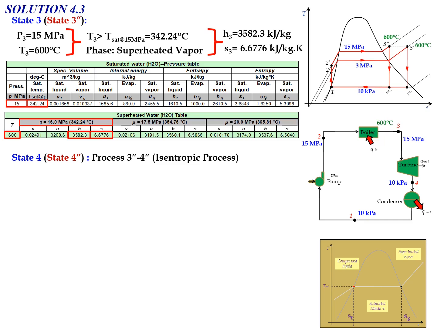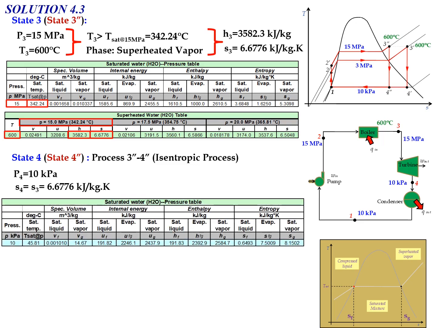Okay, for state number 4, which is referred to as state number 4 double prime, the process involved is isentropic expansion in the turbine from state 3 double prime to 4 double prime. So pressure equals 10 kilopascal. Use the same method where we know that S4 equals S3 equals 6.6776 kJ/kg·K. Now check the phase by using the saturated water table at 10 kilopascal.